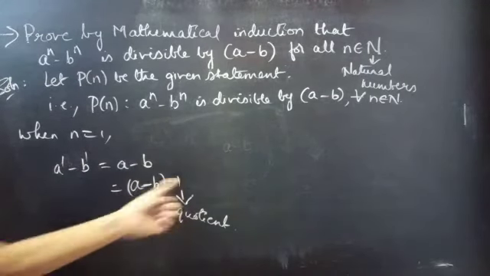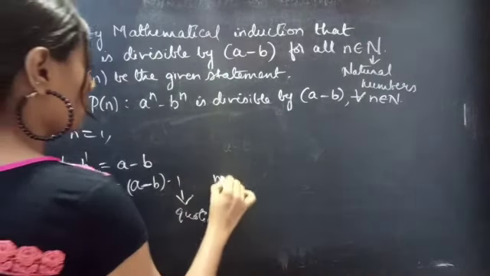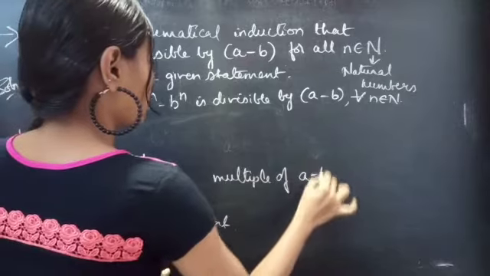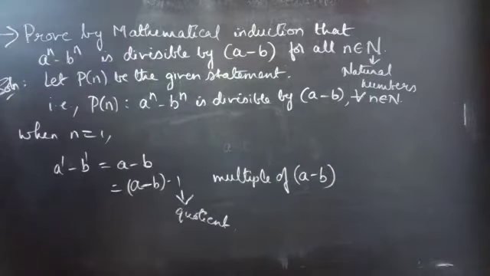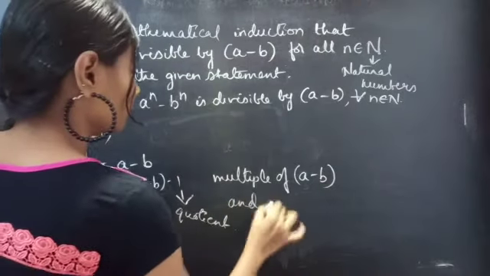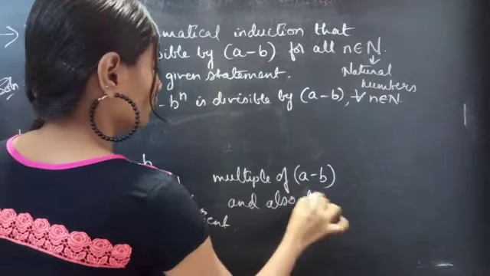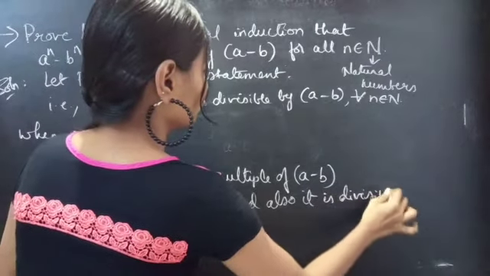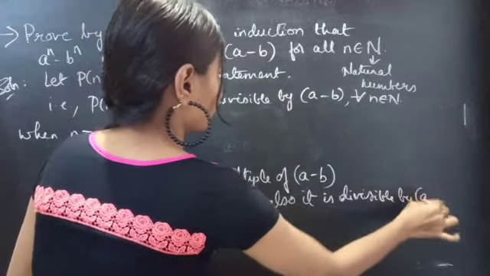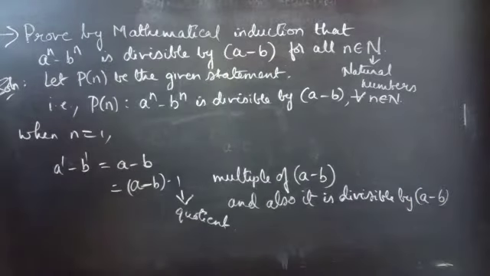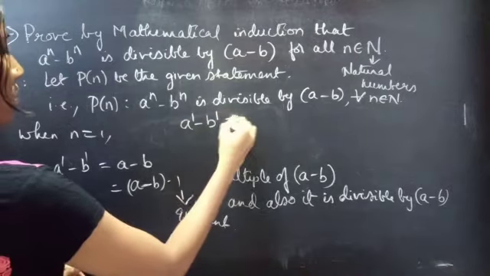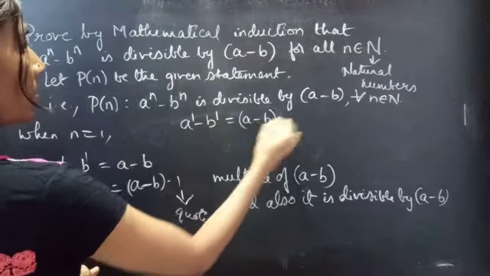A minus b into 1 is a multiple of a minus b, and also it is divisible by a minus b. See, you have a^1 minus b^1 equals a minus b into 1.